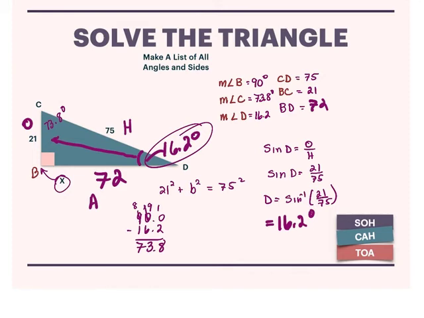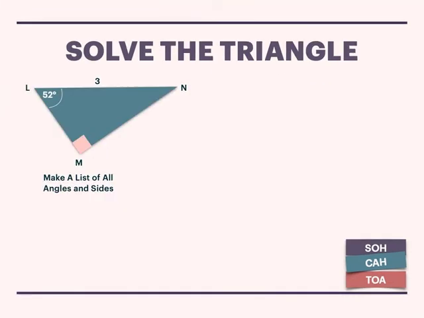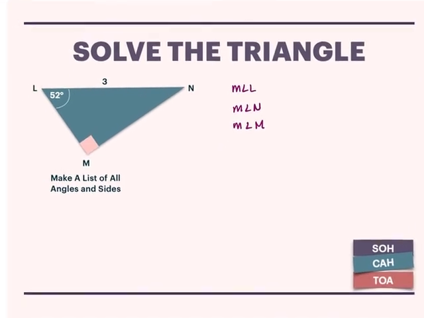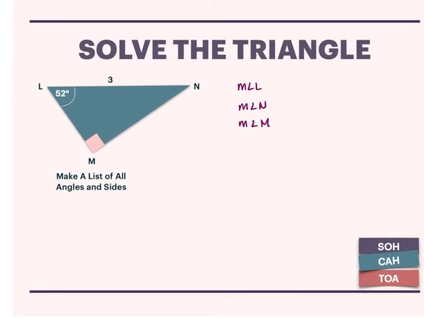We got way too many examples on this. I skipped the last example just because this video is getting way too long. So let's list what we have to find: angle L, measure of angle N, measure of angle M. You're supposed to be putting that list down where it says make my list.